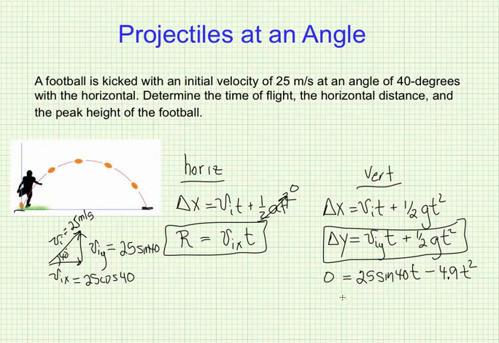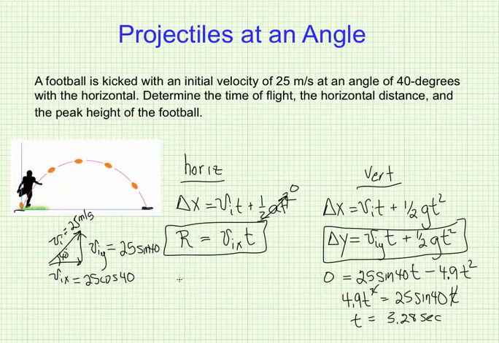If we move our 4.9 t squared over here, that leaves me with 25 sine of 40 t. What's going to happen to one of the t's? One of the t's is going to cancel out, and in your math class they would say one of the t values could have been 0, but that wouldn't make a whole lot of sense for us. So let's solve this, and I get a time that this football is going to be in the air of 3.28 seconds.